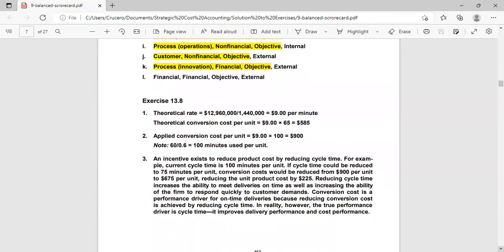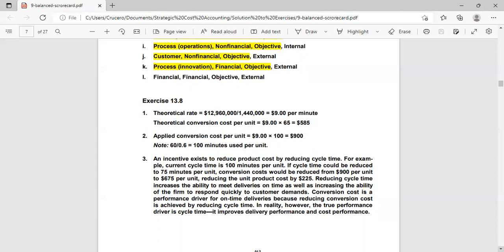Requirement number 3: discuss how this approach to assigning conversion cost can improve delivery time performance.